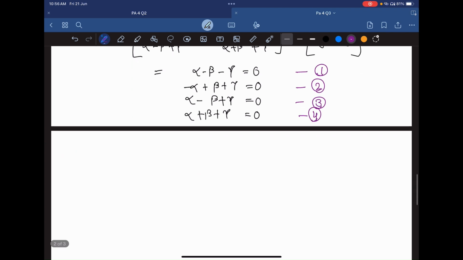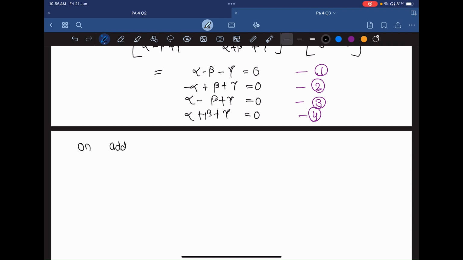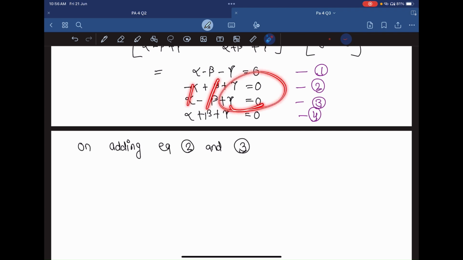Now if we add equation 2 and equation 3, these terms will cancel out, so we get gamma equal to 0.